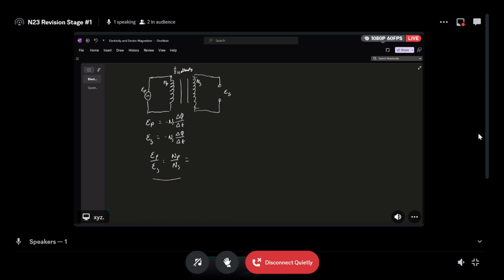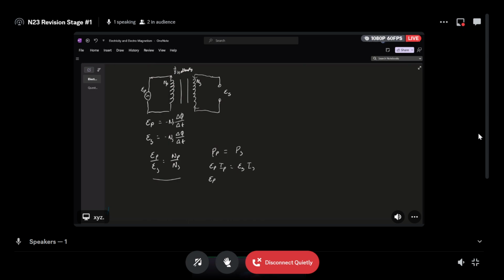But in the ideal case, you get that the power in the primary coil is equal to the power in the secondary coil. So you get EP IP is equal to ES IS.